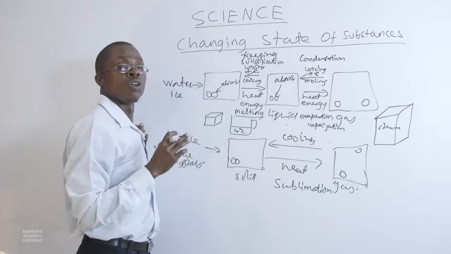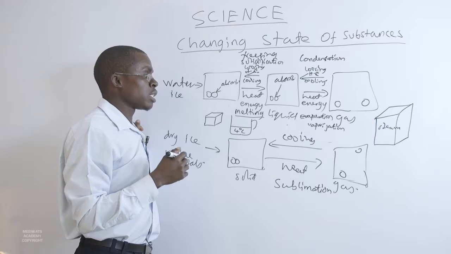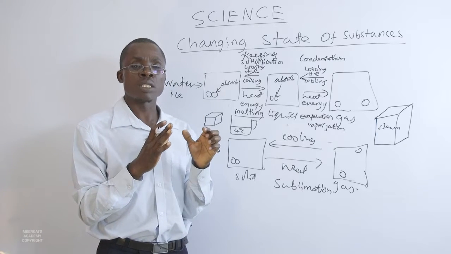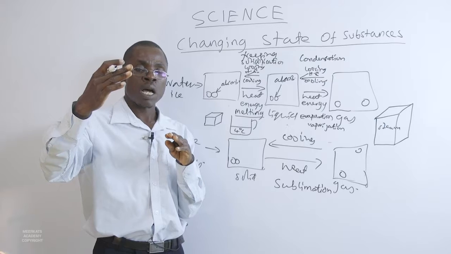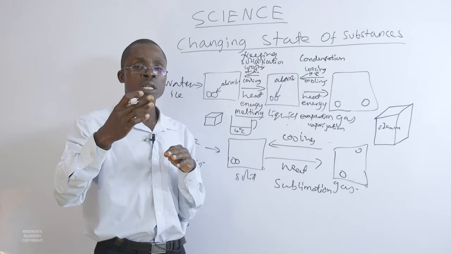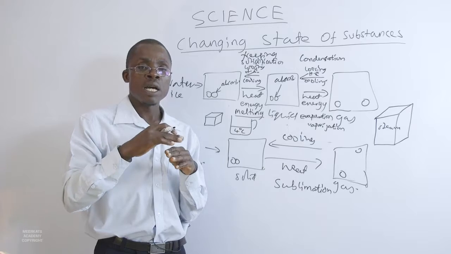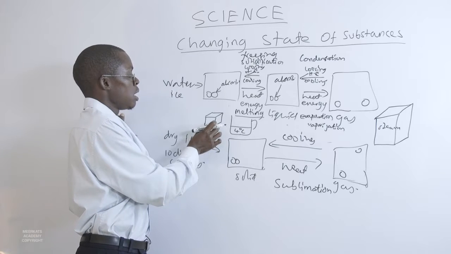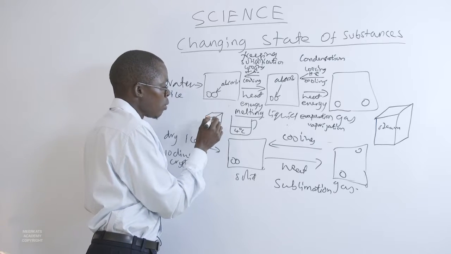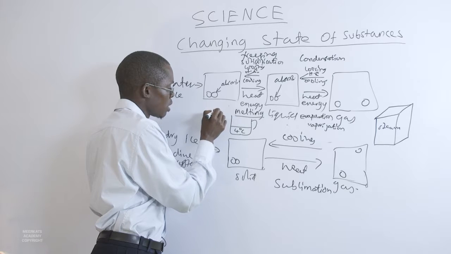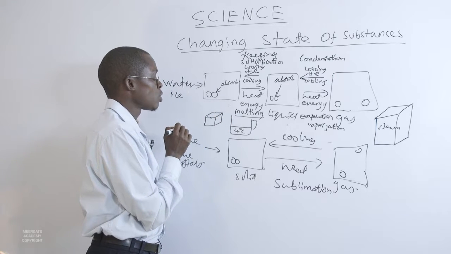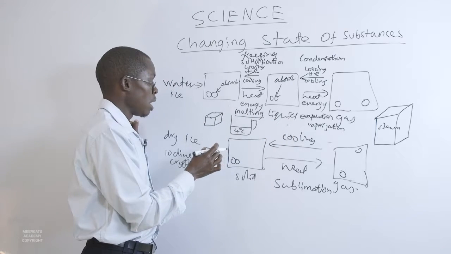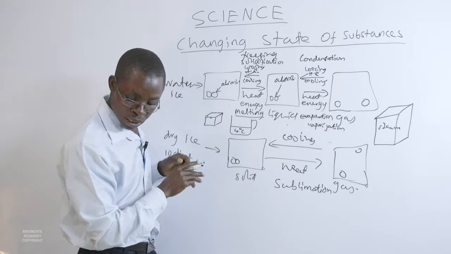Something else you also need to know is that during the change of state, particles or a part of that substance that is on the outside changes state earlier than those that are inside. So, if this is ice water, then we expect the particles that are on the surface here to first of all change state in the process called melting to form liquid water, and not the one that is at the center.